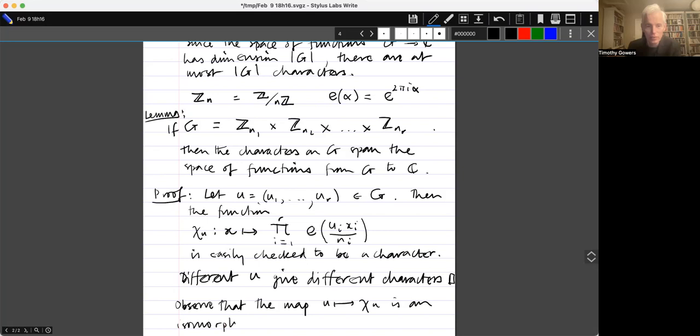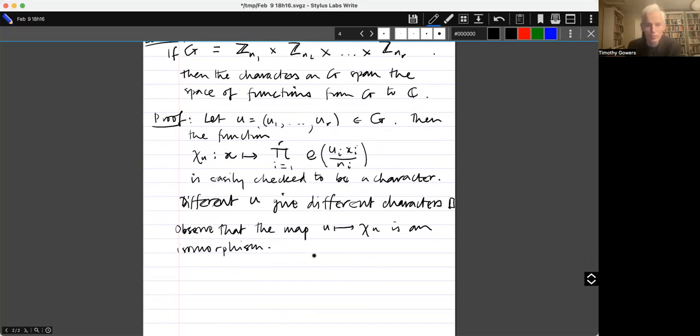And there's something I haven't said. So it's an isomorphism from G to what? Well, to the group of characters that we saw was a group. But I forgot to define it, or give notation for it.